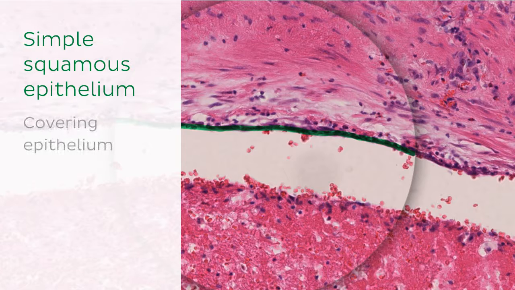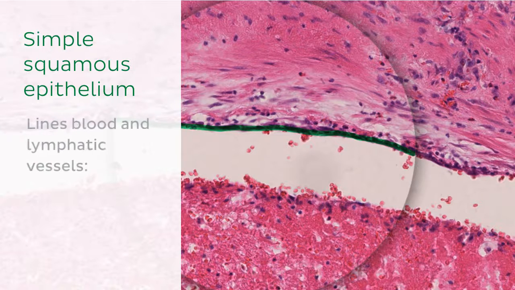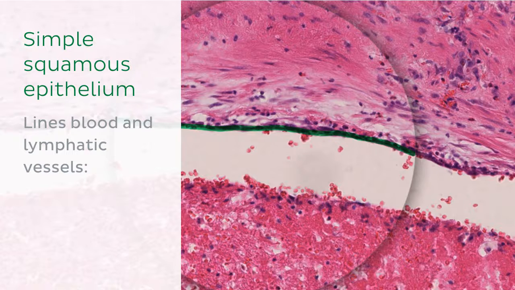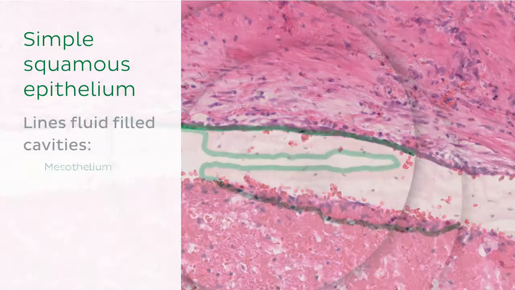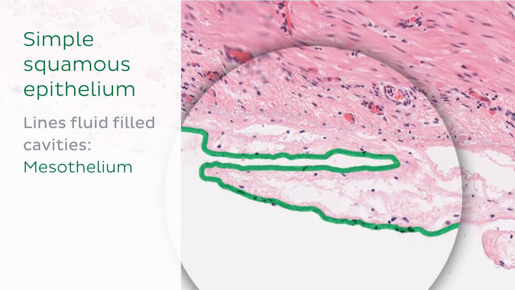It's a covering epithelium that lines blood vessels, lymphatic vessels, and other fluid-filled cavities. The simple squamous epithelium that lines blood and lymphatic vessels is known as endothelium, while the simple squamous epithelium that lines other fluid-filled cavities is known as mesothelium. For example, in this micrograph you can see the mesothelium lining the visceral peritoneum.